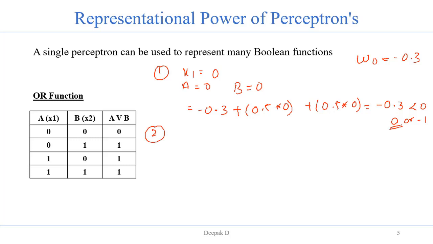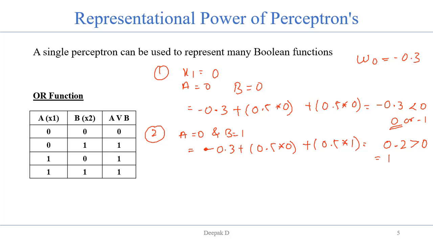Again it is less than 0, so the output will be 0 or minus 1. Similarly for the second one, a equals 0 and b equals 1. Substituting the values, that is minus 0.3 plus 0.5 into 0 plus 0.5 into 1, you will get the value 0.2, which is greater than 0. So when you get a value greater than the threshold value, the output will be 1.